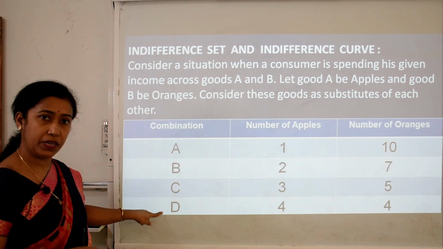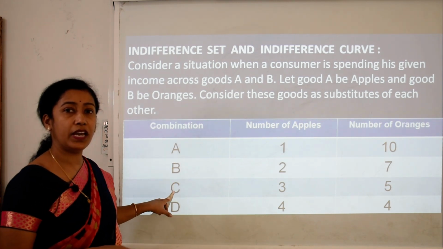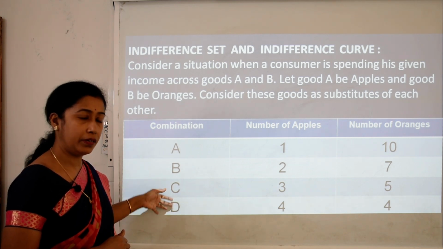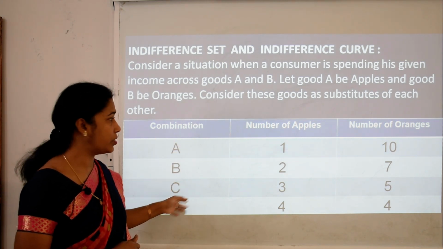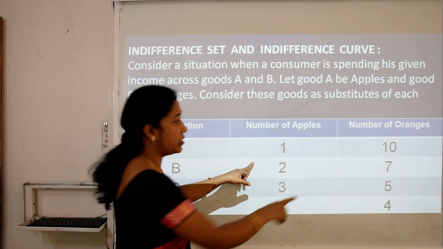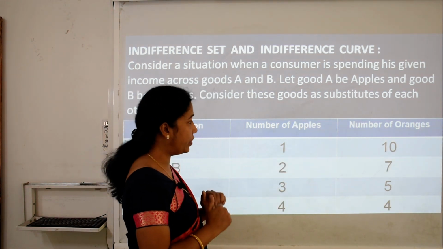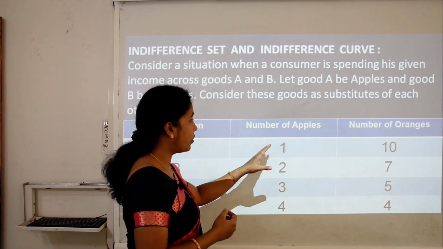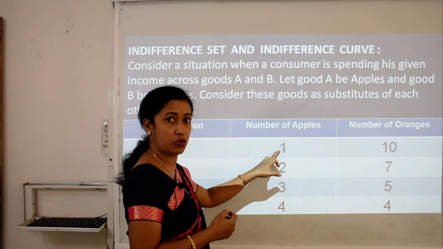Now these are the combinations, and for the combinations we have put certain points. It can be in letters or in numbers. So A, B, C, D we have formed. Now these are the number of apples and these are the number of oranges. What we notice here is that first he will consume apples.